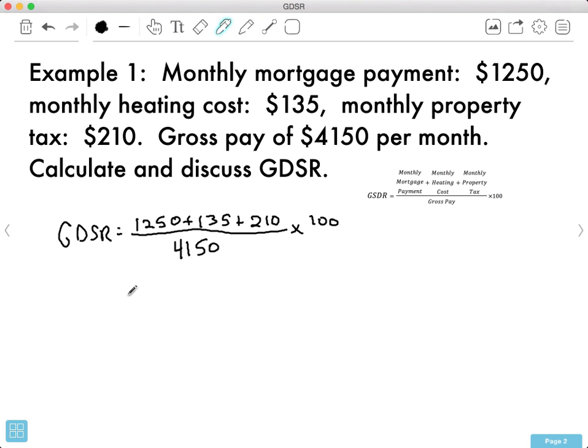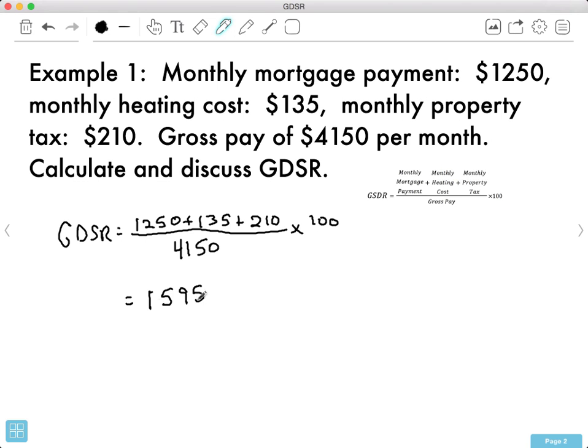A quick note on using this formula: once you've added up the top part, make sure to press equals on your calculator. Okay, so when I add up the top, if I go 1250 plus 135 plus 210, I get $1,595.